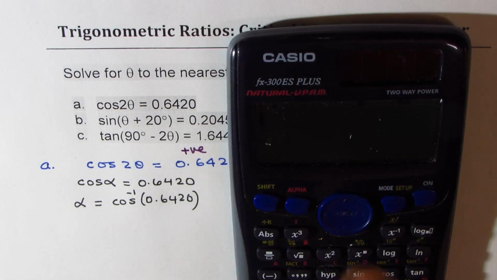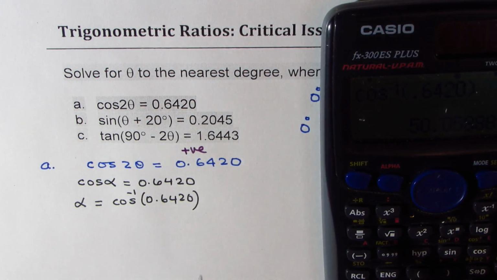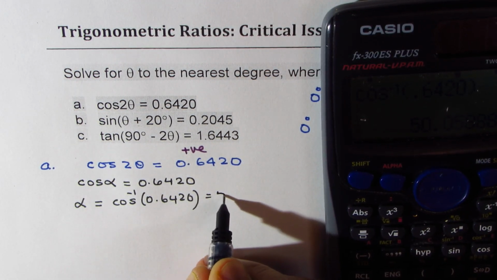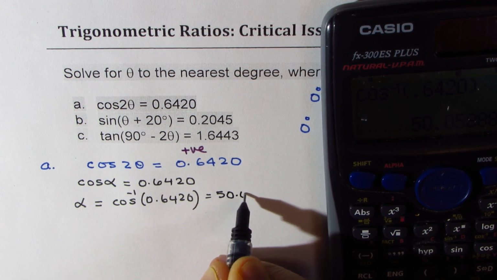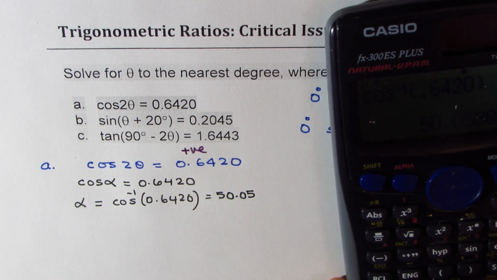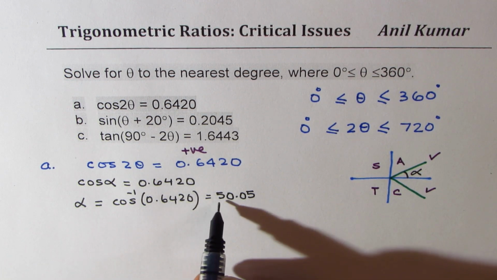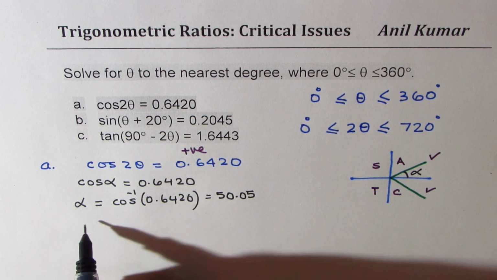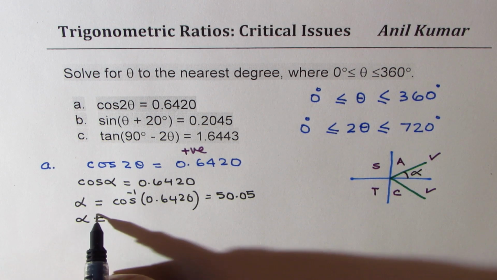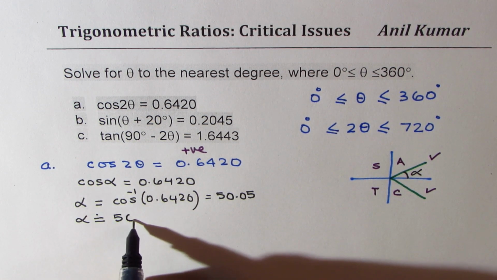So we get shift cos inverse 0.6420 is equal to 50.05. Correct. So we get an angle of around 50 degrees. We say alpha is approximately equal to 50 degrees.